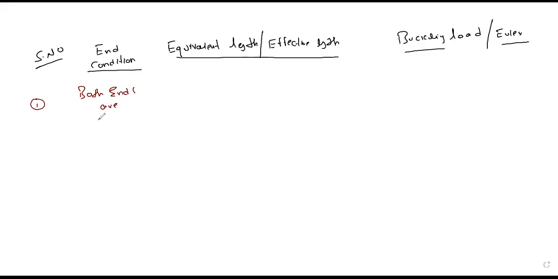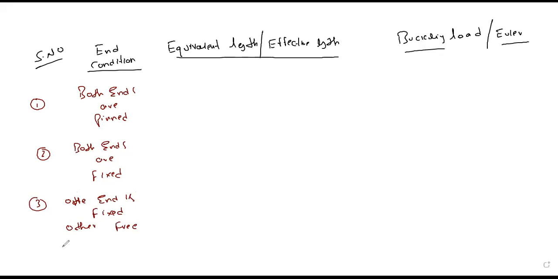Both ends are pinned. Let me write faster. Next, both ends are fixed. Third, one end is fixed, other free. Fourth, one end is fixed, other pinned. Tell me the effective length fast.